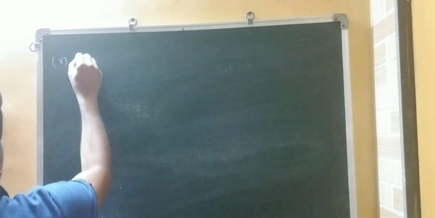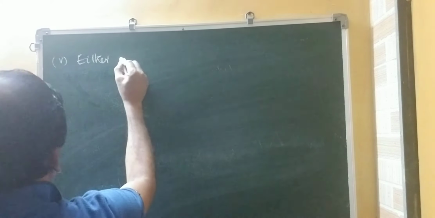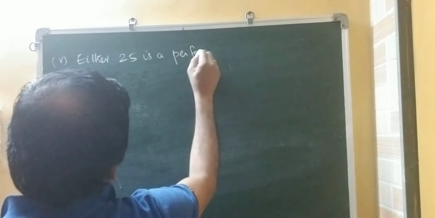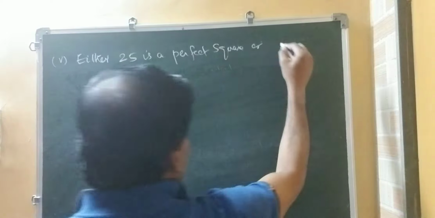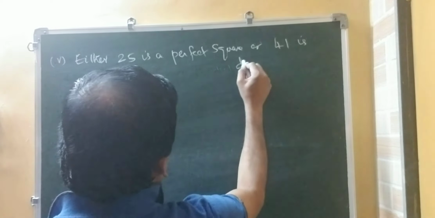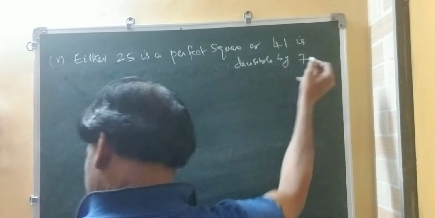Fifth sum. Either 25 is a perfect square or 41 is divisible by 7.